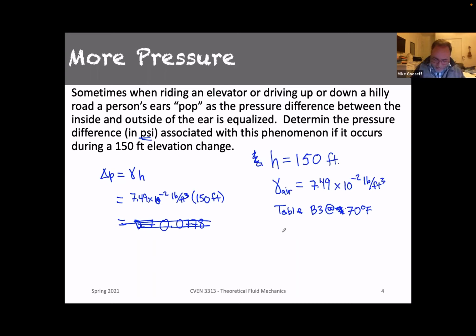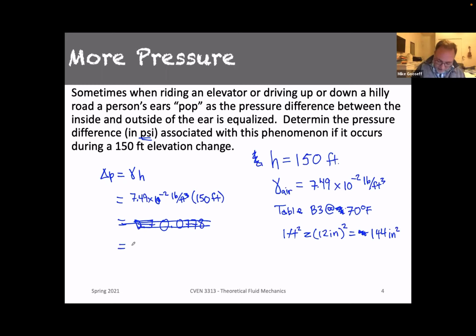So recall that 1 foot squared is equal to 12 inches, which is what we have in a foot, squared, which is equal to 144 inches squared.